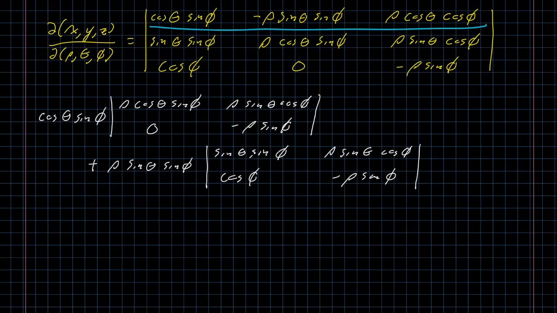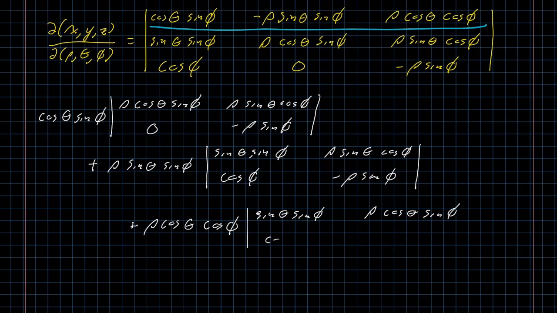And then the last term, rho cosine theta cosine phi times the 2 by 2 determinant sine theta sine phi, rho cosine theta sine phi, cosine phi, and 0.